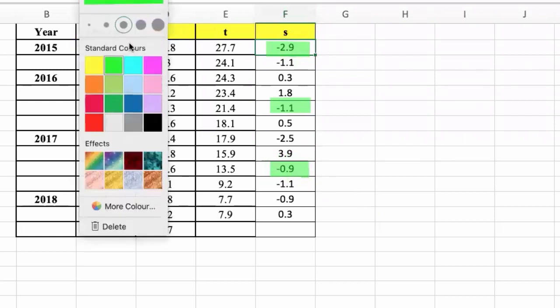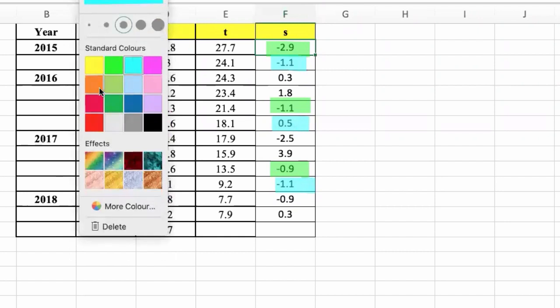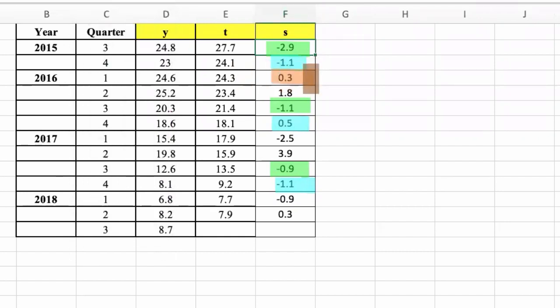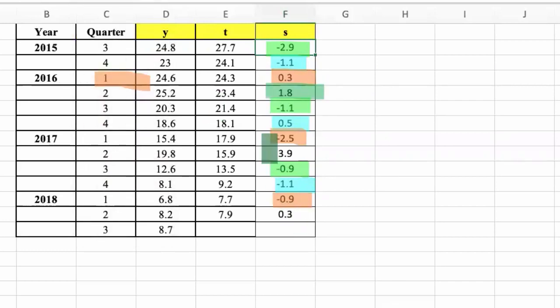I'm going to do the same for the quarter 4s. Likewise, I'm going to do the same for quarter 1s. You notice here, this is quarter 1. I'll do the same for the quarter 2s. I'll add those up and average them all.